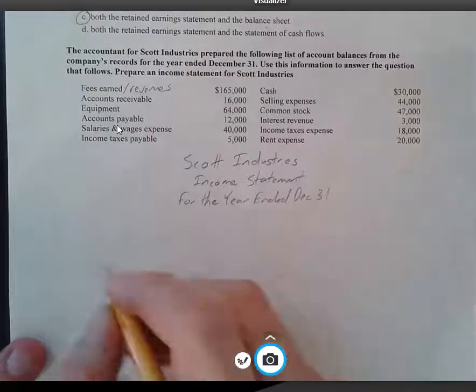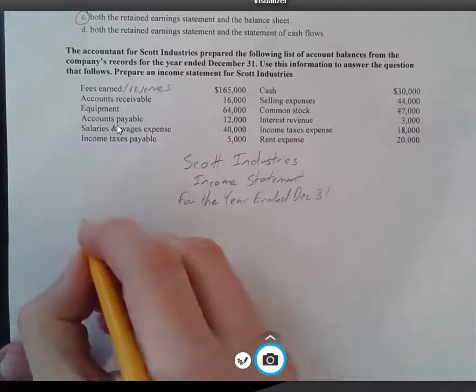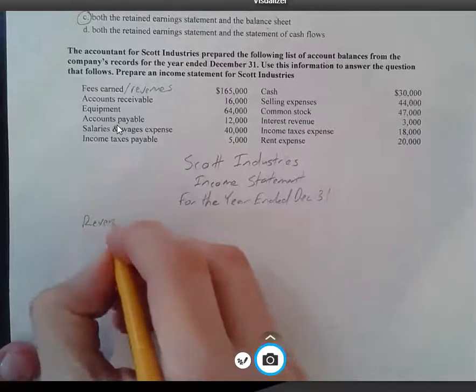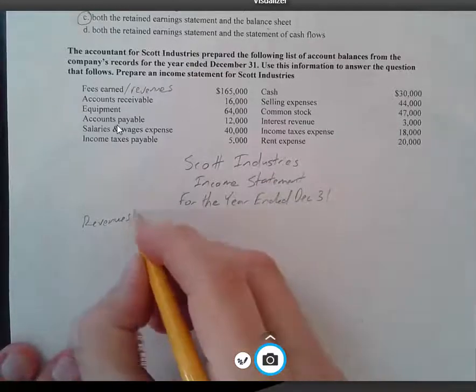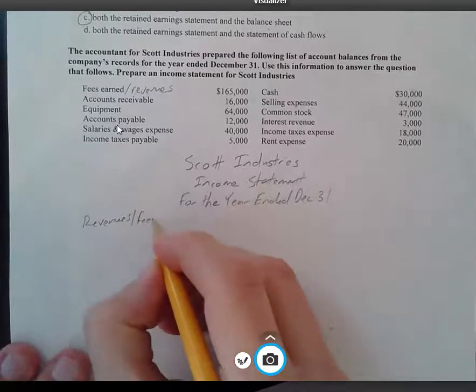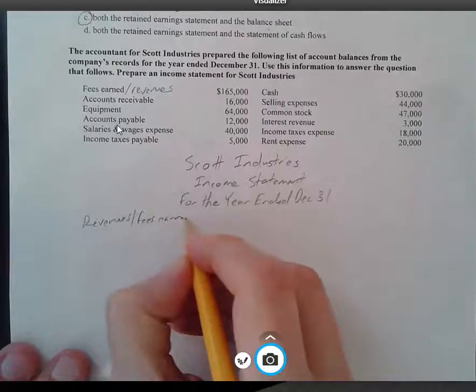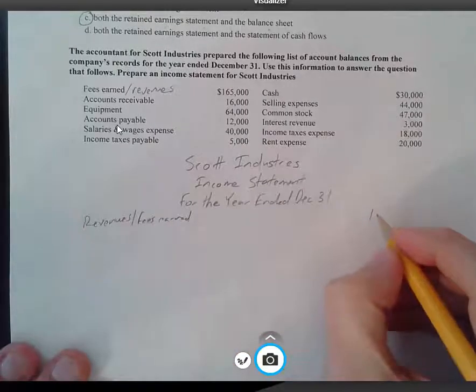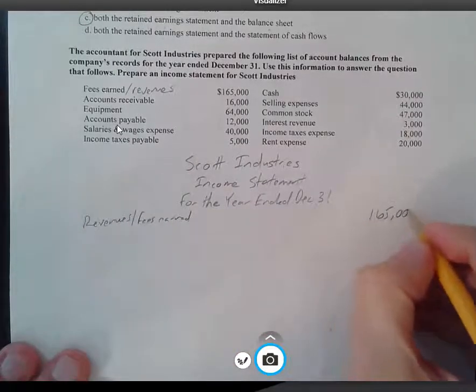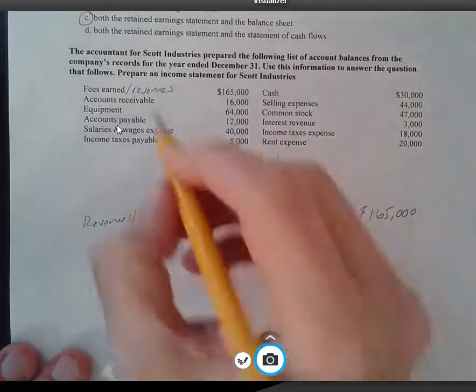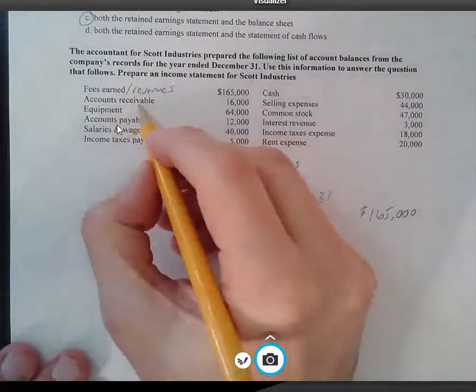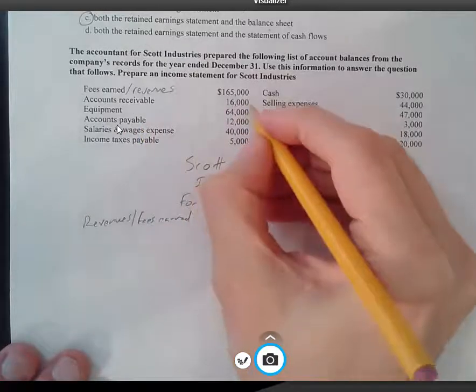Okay, so revenues, or fees earned, $165,000. And the reason is because revenues are an income statement account. Accounts receivable is a current asset on the balance sheet. We do not need this number.